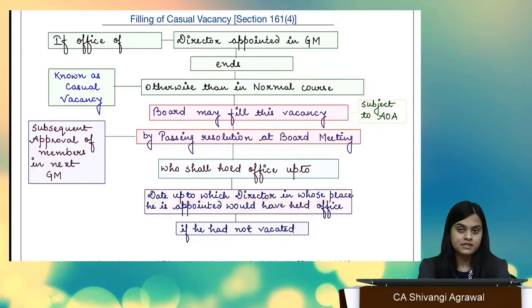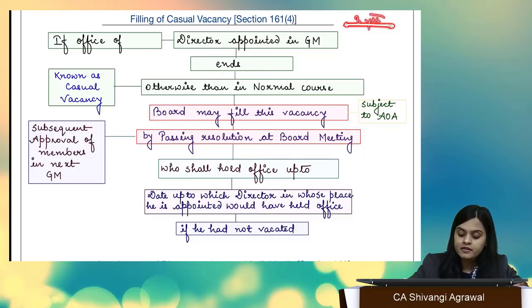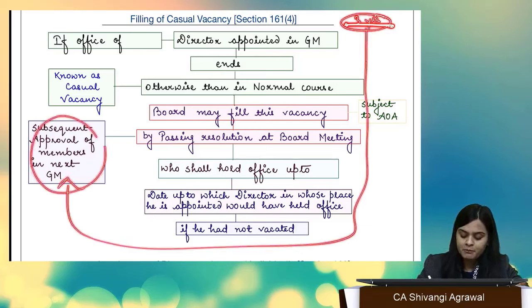Okay. Now, there is one more requirement in case of casual vacancy, because he is going to hold office for a very long tenure. Say for 3 years, 4 years, 5 years, it could be anything, right? For the remaining tenure, it also needs approval from members.